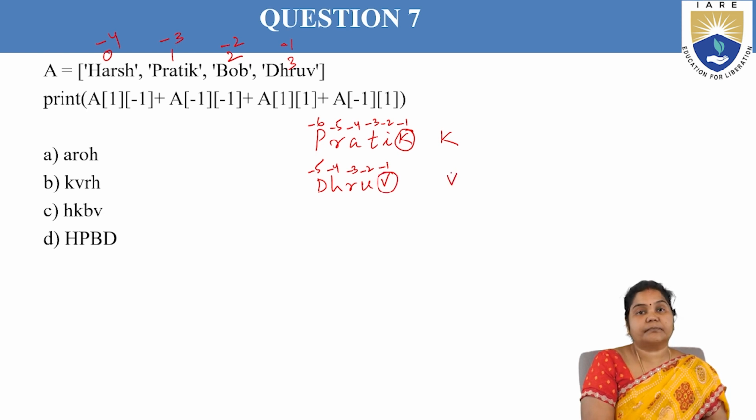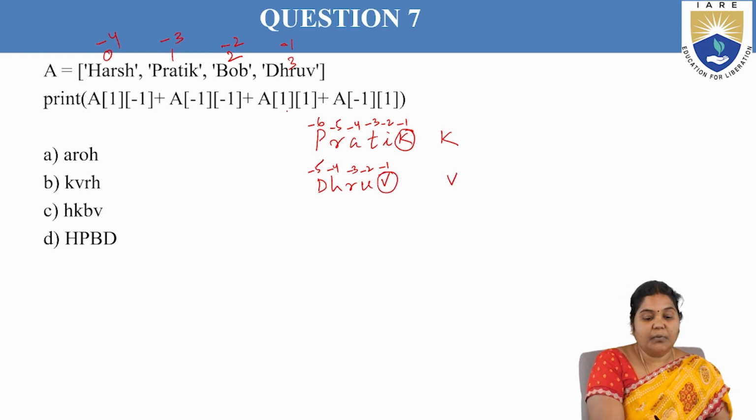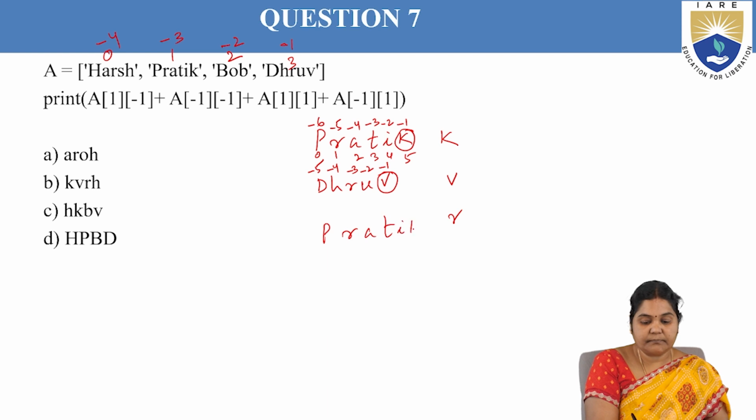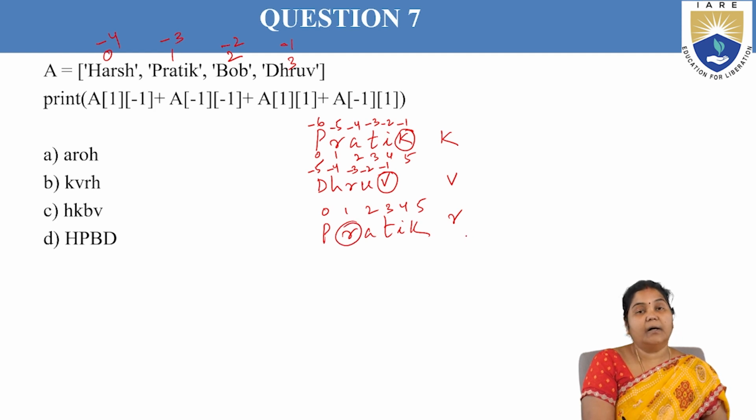It is V. Now A of 1 of 1. Again 1 means we are talking about Pratik, and 1 means index 0, 1, 2, 3, 4, 5. So at the first index we have R. So KVR. In Pratik, 0, 1, 2, 3, 4, 5, at the first index we have R.